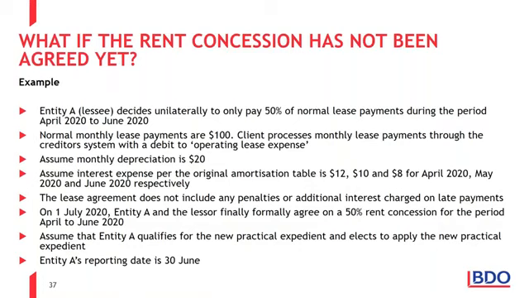One of the things clients are telling me, and it's particularly important in Australia because we've got a 30 June year end, clients are saying, Aletta, practically this is a complete nightmare to get all these rent concessions agreed with our landlords. We've got 7,000 leases.